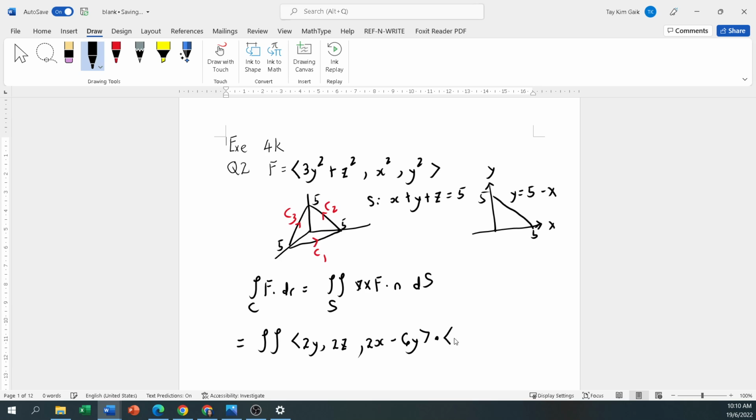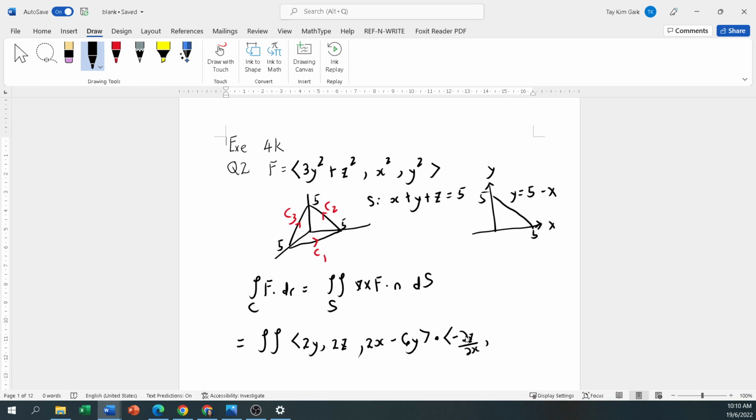C1, C2, C3 are traversed anti-clockwise, using your right thumb, where the rest of the fingers show the direction of the curve, the thumb will be pointing up. So the unit normal vector is pointing up.